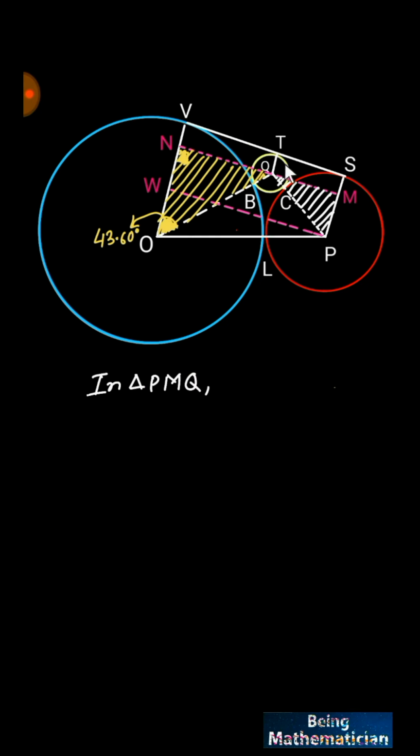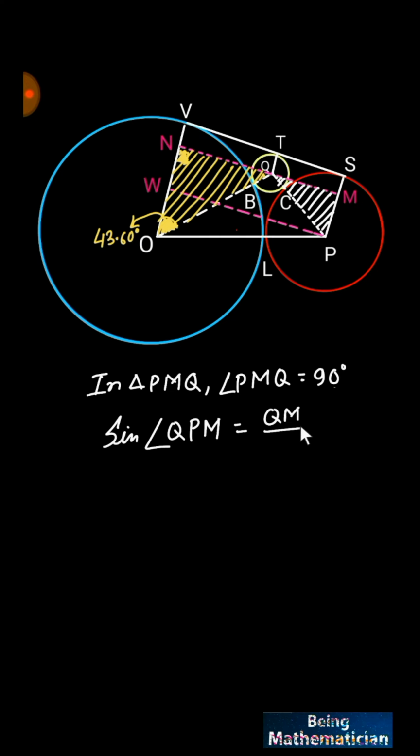Now let's consider this triangle PMQ. So in triangle PMQ, angle PMQ is 90 degree. So we can say sine angle QPM is equal to QM by QP, perpendicular by hypotenuse, and it is 24 by 5 by 36 by 25, that means 1.44 plus 4.